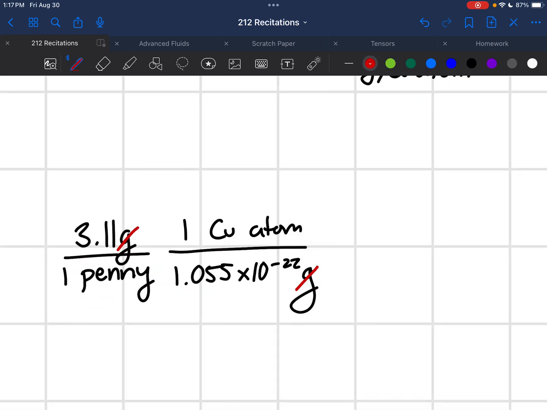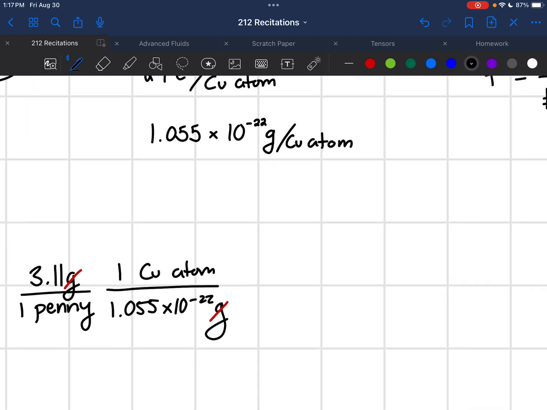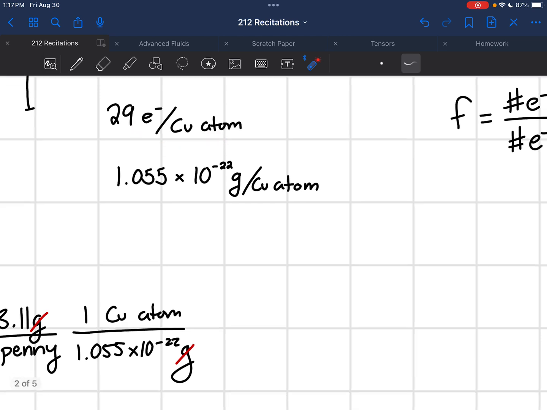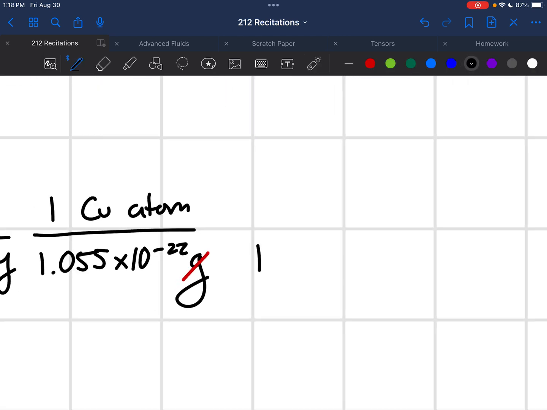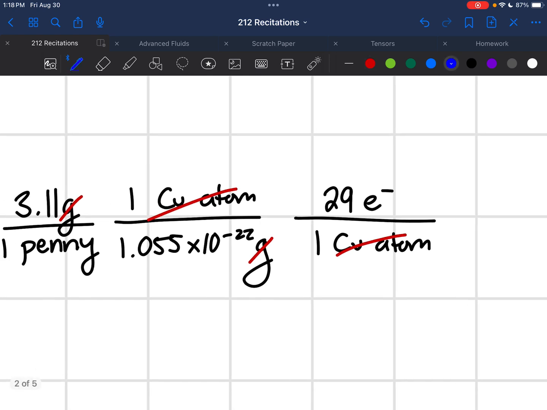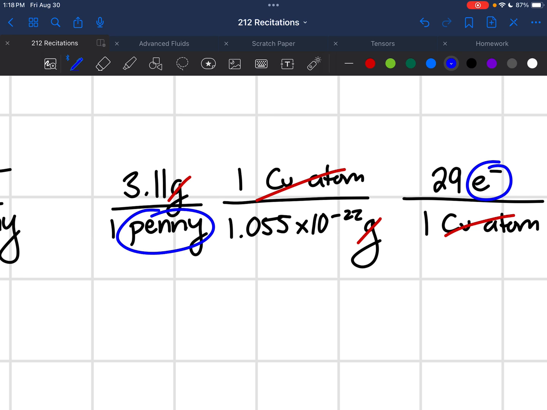Well, I don't want the number of copper atoms in a penny, I want the number of electrons in a penny, so we got to keep going. I want to get rid of these copper atoms, and I know how many electrons per copper atom. So I can say, okay, for every 1 copper atom, there's 29 electrons. So copper atoms canceled out, and I'm left with electrons per penny.